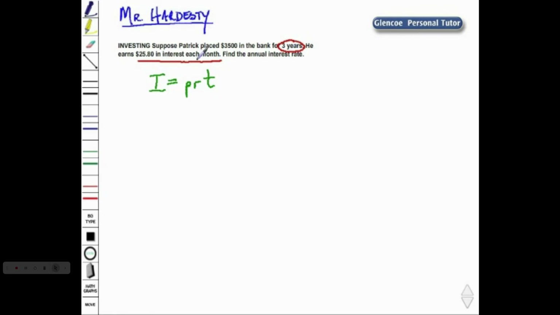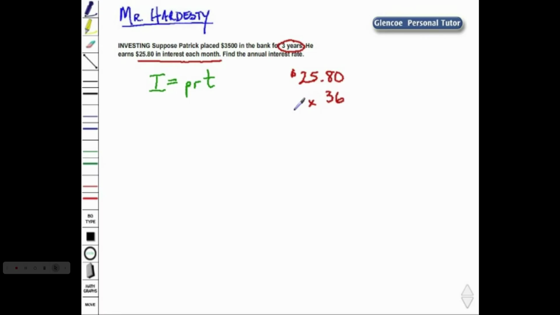We need to have those on the same level of measurement. That is, 3 years and 1 month are not the same. We can make that adjustment quite simply by saying $25.80 for 3 years, we would multiply it by 36.